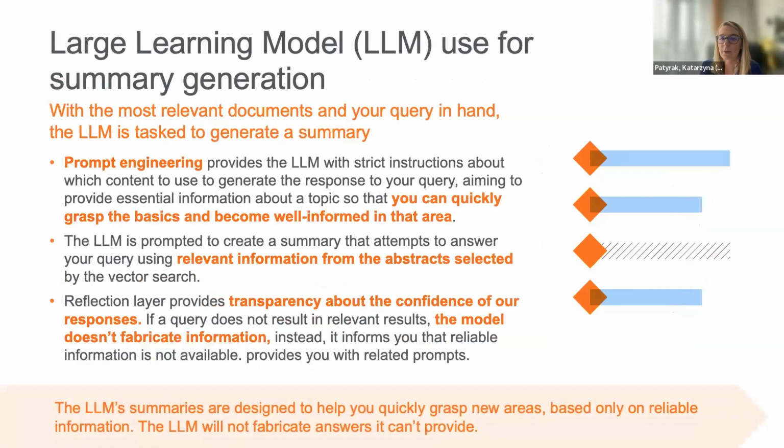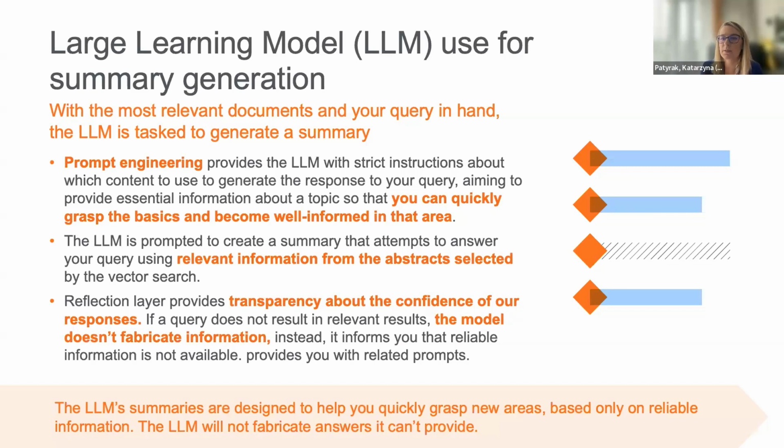And once we have found the most relevant documents for your query, the large language model, the LLM for short, is prompted to create a summary. So this summary aims to answer your question based on the abstracts that turned up during the vector search. And if we don't get any relevant results, you can rest assured that the chance of Scopus AI producing a fabricated answer, a so-called hallucination, is greatly reduced.